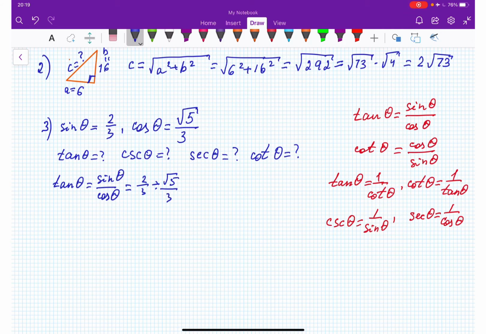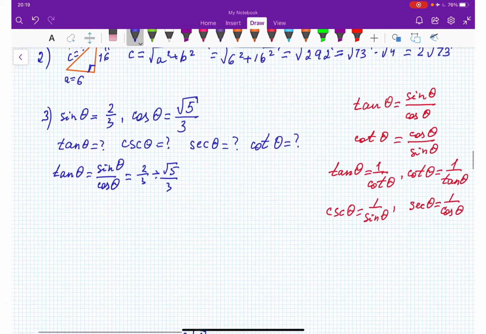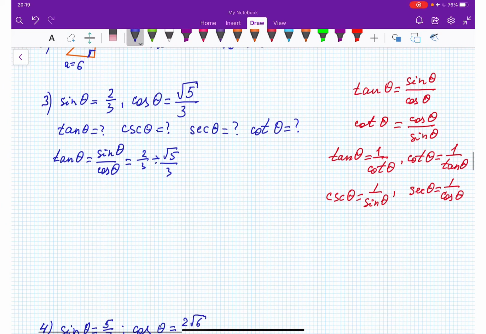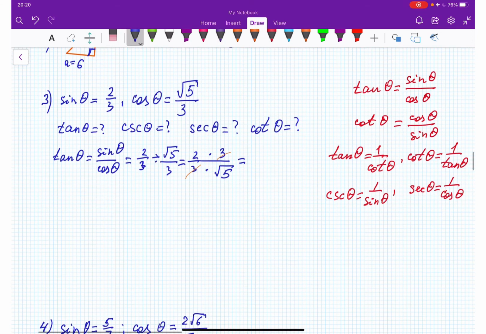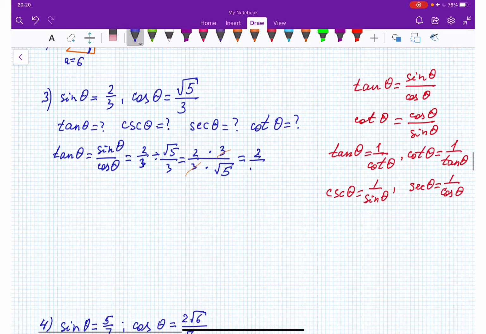So from here it's equal to 2 over 3 times, we flip the second fraction, division of fractions, 3 over square root of 5. So the 3 and 3 are gone, and we are getting 2 over square root of 5.